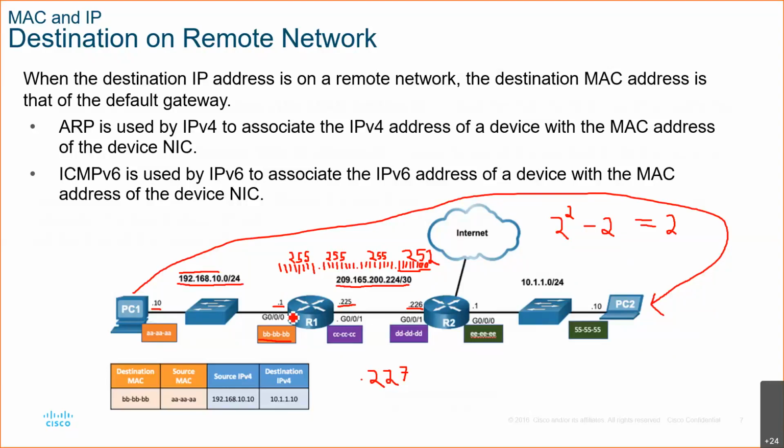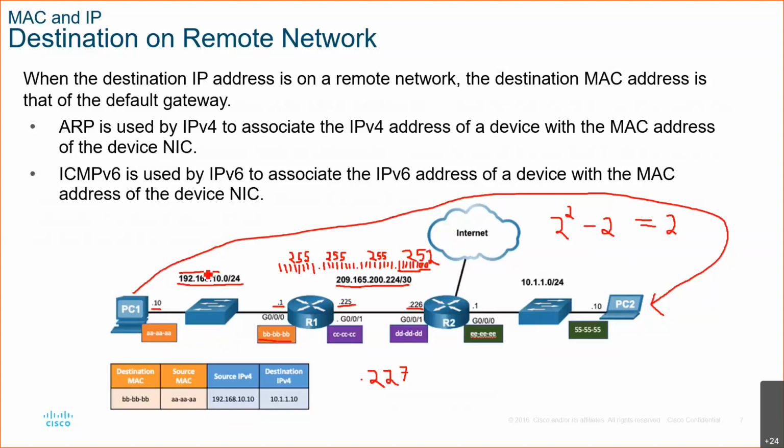So usually, .1 is given to the router interface, the gateway. And if anything goes out, the gateway's MAC address will be stored inside PC1's ARP table. That's what will be stored in the ARP table.